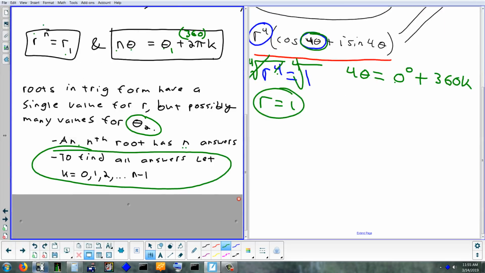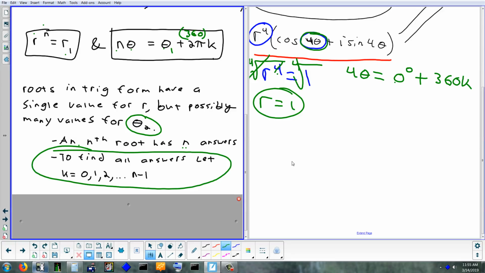Right here. To find all the answers, let k equal, you start at 0, and you go up as high as you need to get all your answers. So 4th root, I'm looking for 4 answers. I'm going to let k equal 0, 1, 2, 3. That's how I get my 4 answers.